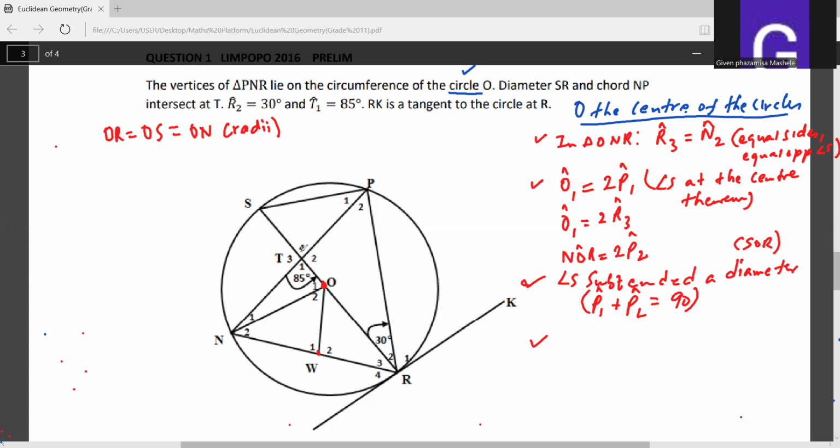And there is another line drawn from the center of the circle to the chord PN. PN is also a chord. So a line drawn from the center of the circle to the chord is there, but T1 is 85, it's not 90. So we do not have that. Also, we do not have the midpoint chord theorem.